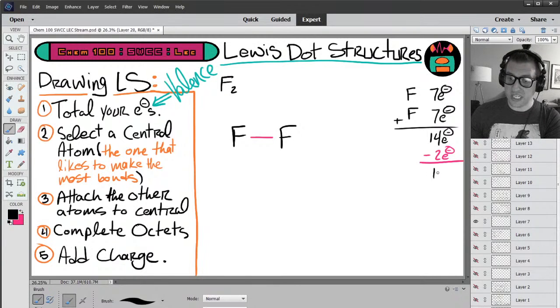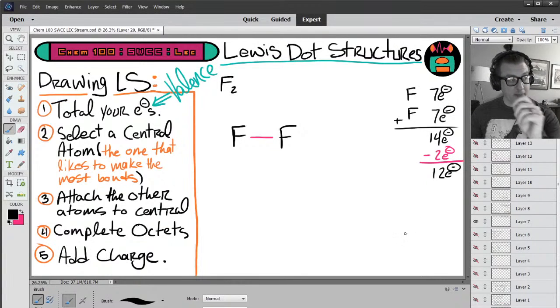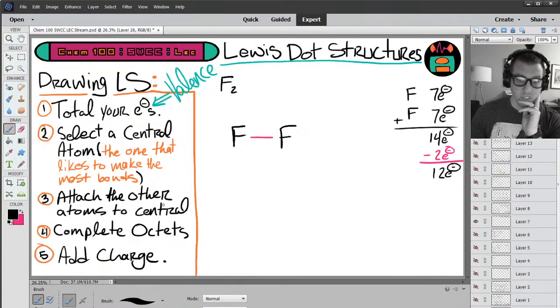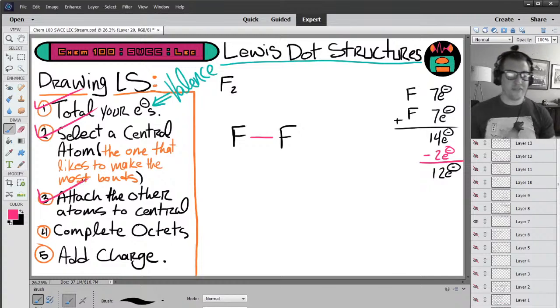So we started with 14, now we have 12, because we spent the first 2 to make a covalent bond. So at this moment in time, we have totaled our electrons. We didn't have to worry about a central atom. We've attached all the atoms together. Now we need to complete our octets.